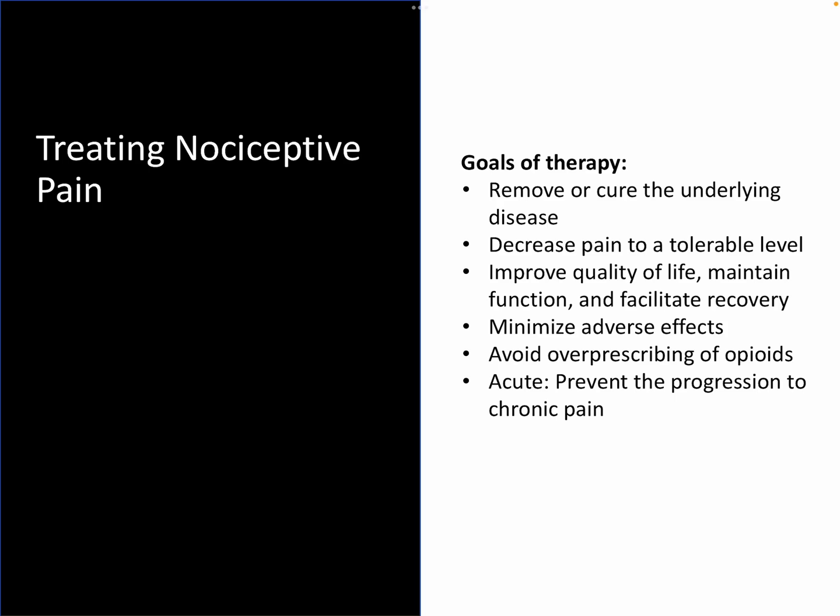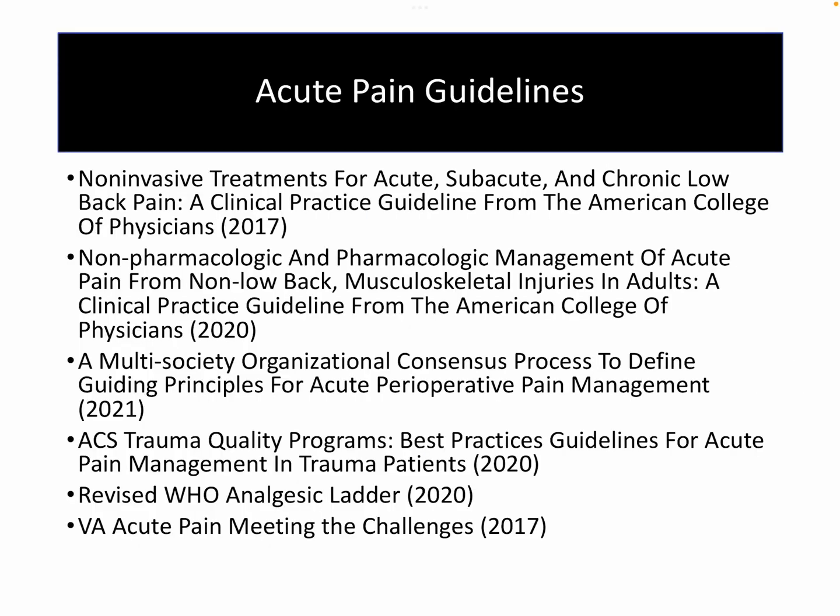Our goals are to make it to a tolerable level. We want to minimize adverse effects. Many of these drugs can cause various adverse effects, including opioids that we may want to try to avoid overprescribing. And then acute pain, one big thing that we're trying to prevent is that turnover to chronic pain.